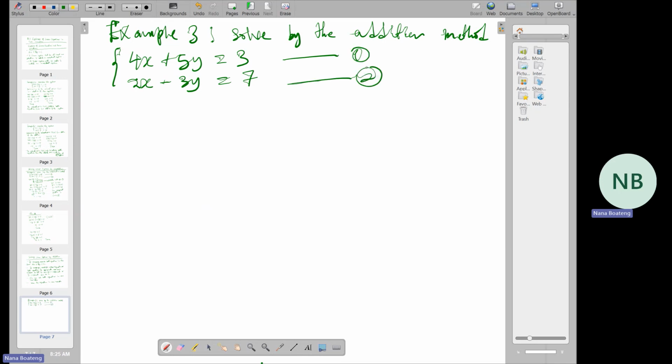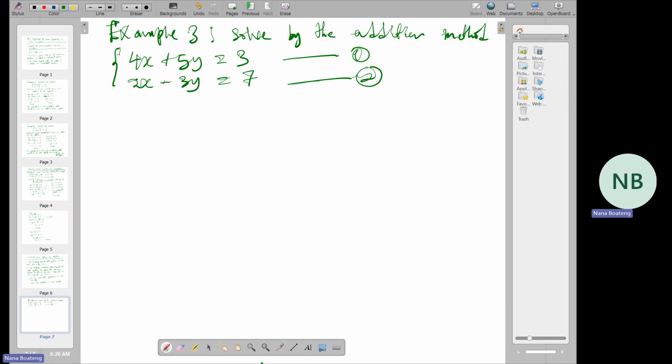All right, so the objective is to find a way to add these equations up such that one of the coefficients will sum up to 0. We can do this by multiplying one equation by a number, or multiplying both equations by a certain number, such that if we add the two equations together, one of the variables would cancel out.